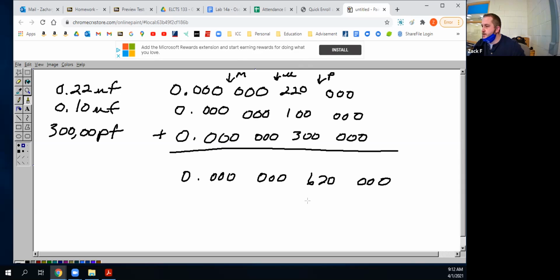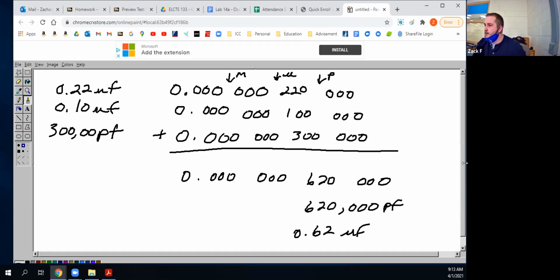That's the same as saying 620,000 picofarads, or in microfarads, 0.62 microfarads. Make sense? Yeah.